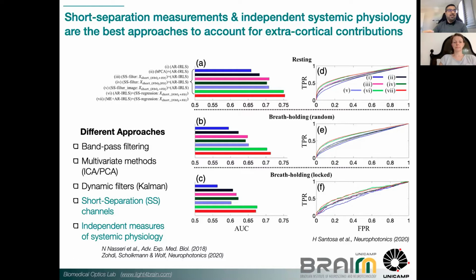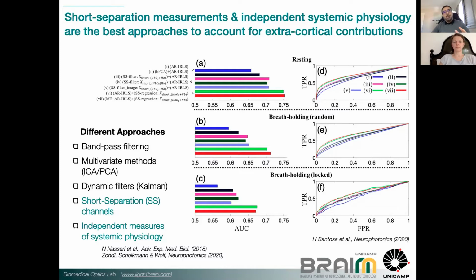It's autonomic response of systemic physiology. And you can try to remove that by independently collecting systemic physiology, like partial pressure of CO2, heart rate, and blood pressure, and any other physiology that can be important in this group.